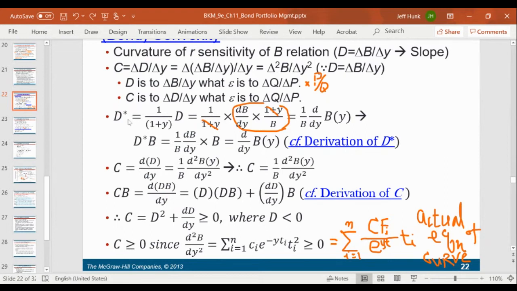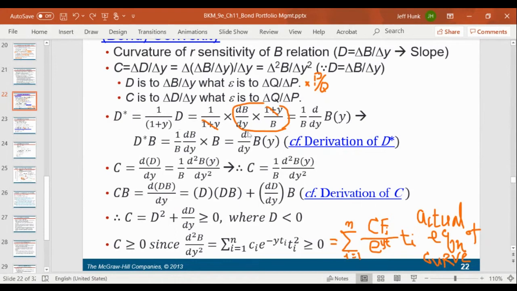First of all, the duration, this is a modified duration, and we know what modified duration is: Macaulay duration divided by 1 plus y. In other words, it's like discounting Macaulay duration just one period.